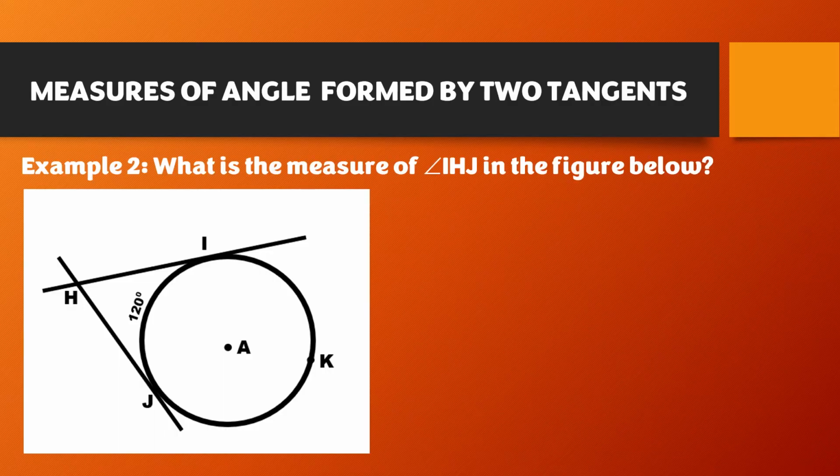Example number 2. What is the measure of angle IHJ in the figure below? We have circle A. Given the measure of arc IJ is 120 degrees, we're going to find the measure of angle IHJ. This is the angle formed by the two tangents, which is located outside the circle.